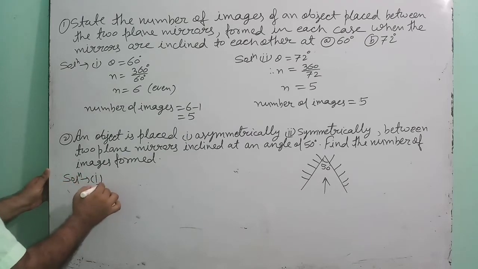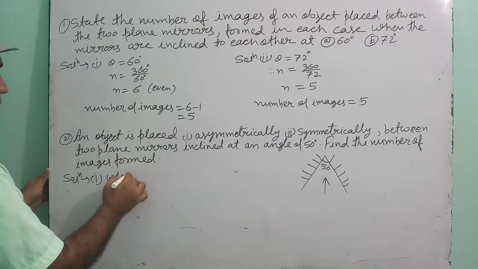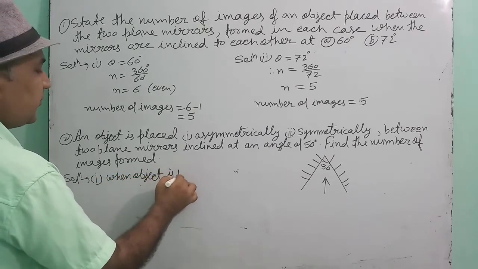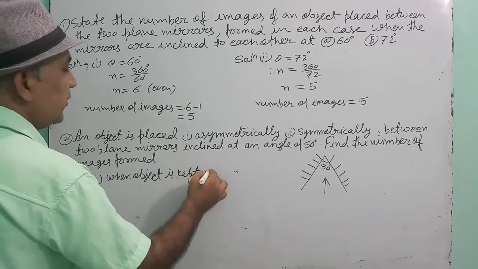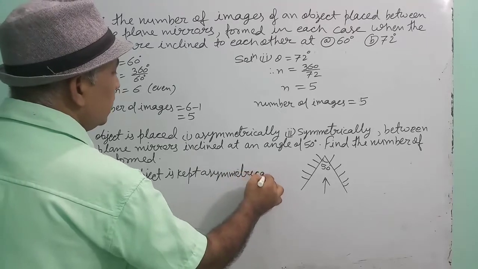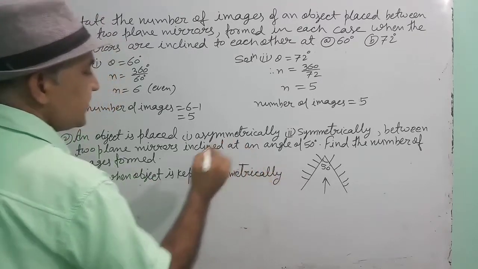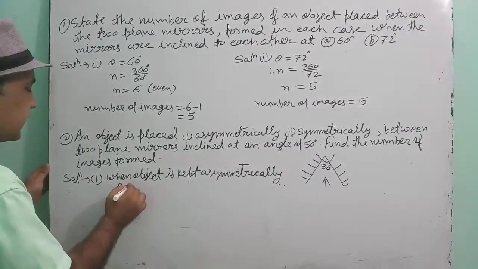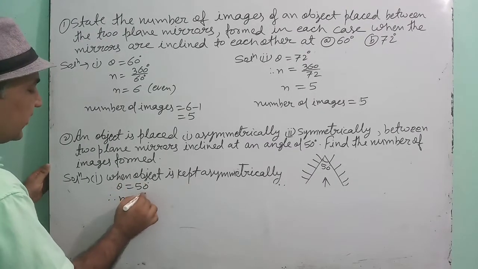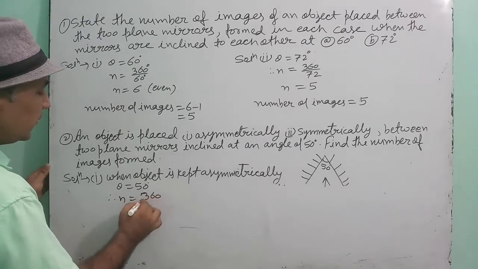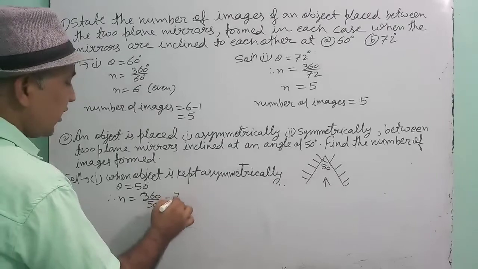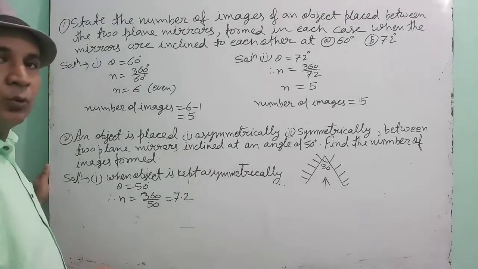See children, the first case, when the object is kept asymmetrically, in this case theta is equal to 50 degree given, then we can find the value of n, that is 360 upon 50. 360 upon 50 is 7.2.